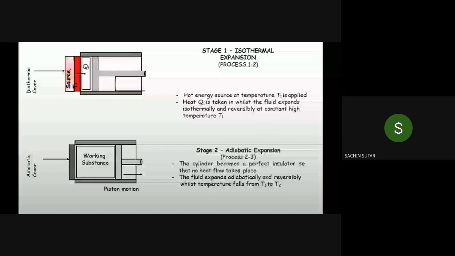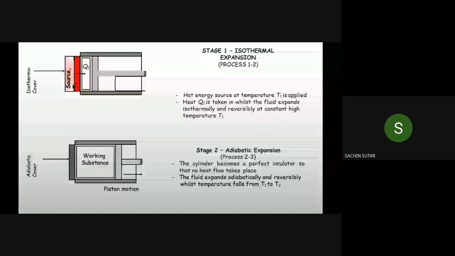The temperature of the source is T1, and it takes the heat Q1 from the source, and it expands isothermally and reversibly at high temperature T1. During expansion the pressure goes on decreasing.